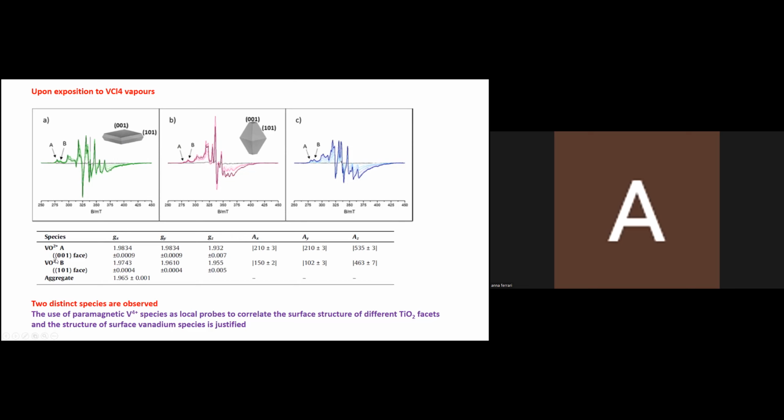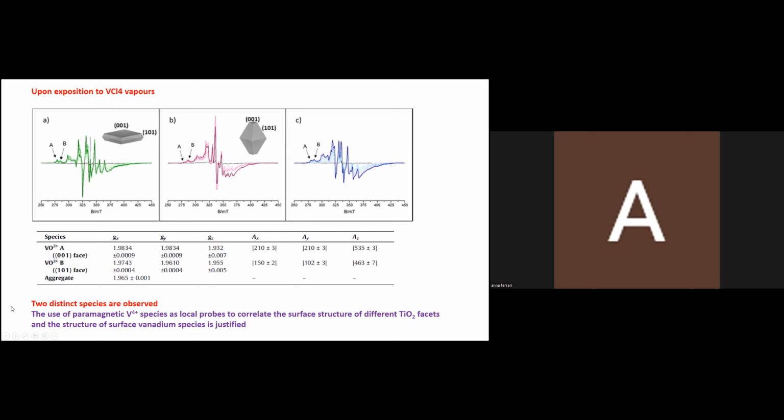This means that we have two different species, because we have different EPR signals that are promoted by the two different titanium dioxide surfaces. Here is reported the experimental A tensor, also the g tensor, but we don't discuss the g tensor in this presentation.